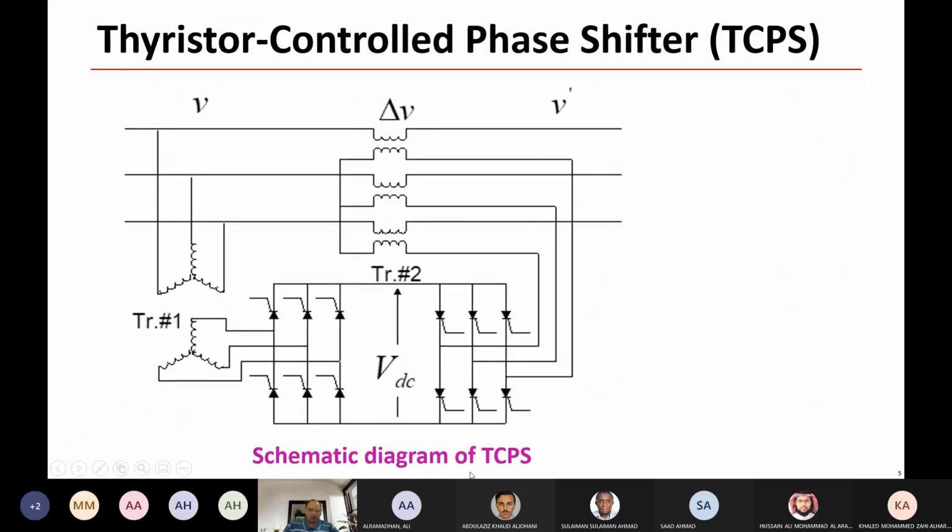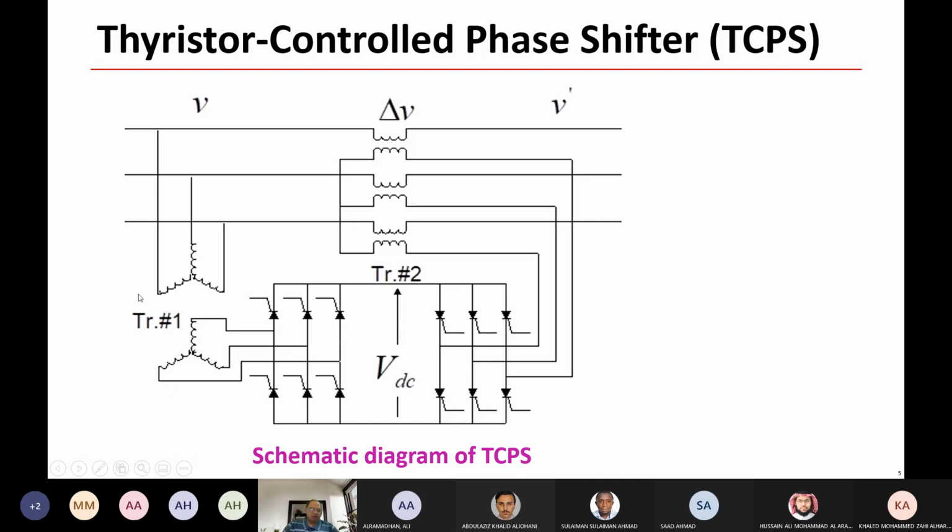So this is the schematic diagram of the thyristor controlled phase shifter. What you have here, you have the primary voltage. This is a transformer, phase shifting transformer. You have here the series transformer.